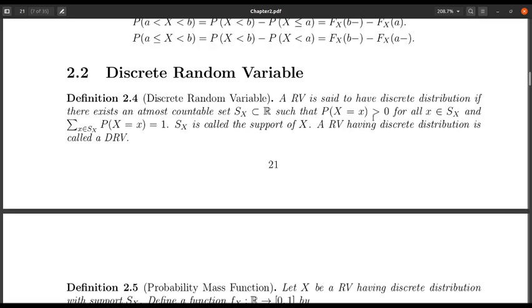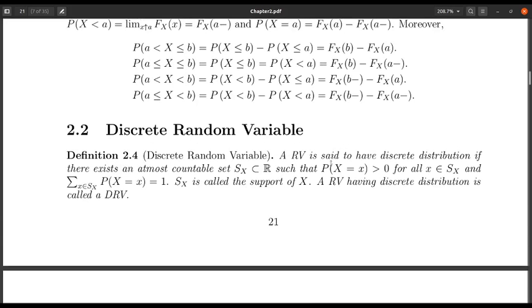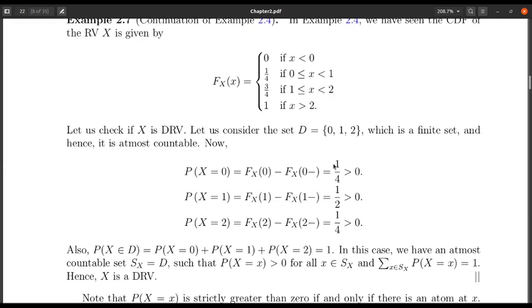That's why, when we try to check whether a random variable is discrete or not, we take a collection of points where we have discontinuity in the cumulative distribution function. Once we have this set, I will be able to find the probability that X equals 0, X equals 1, and X equals 2.